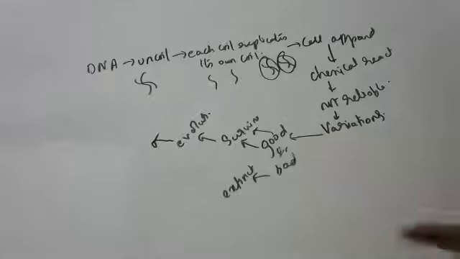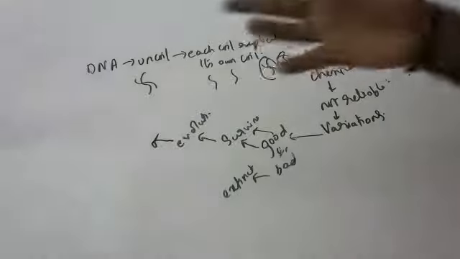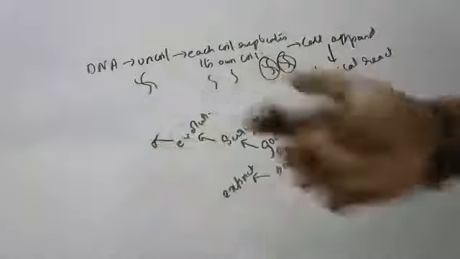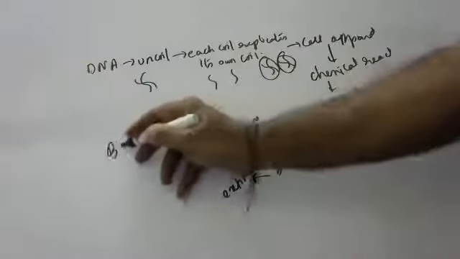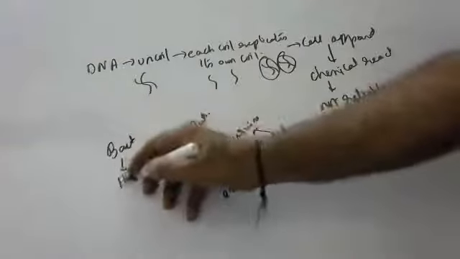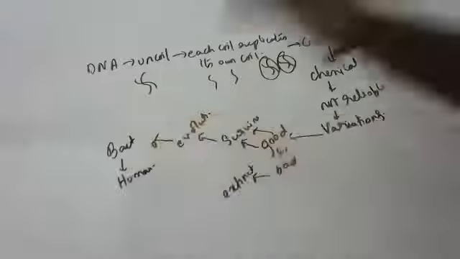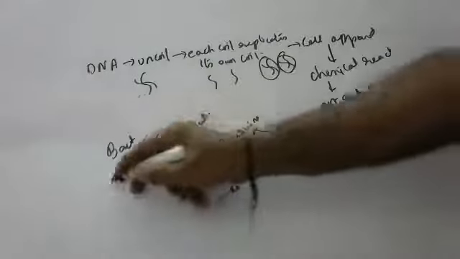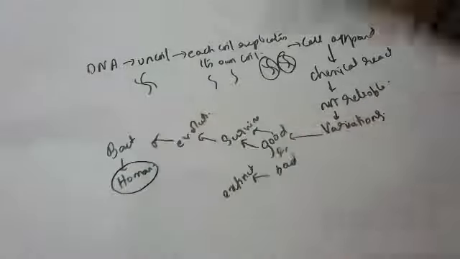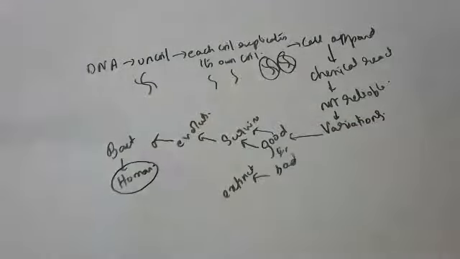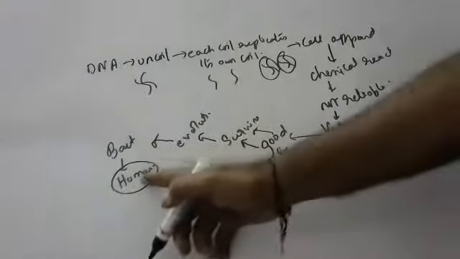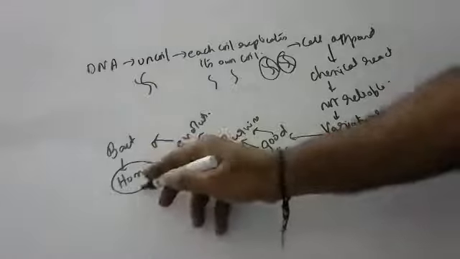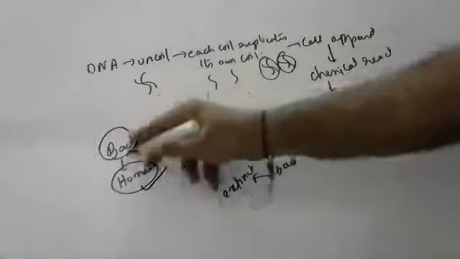Okay, children, see, from prokaryotic cell to eukaryotic cell, from bacteria to human beings, so much evolution has occurred. And the topmost organisms on the earth are human beings only. But even though we are the highly evolved organisms on the earth, bacteria have better variations than us.